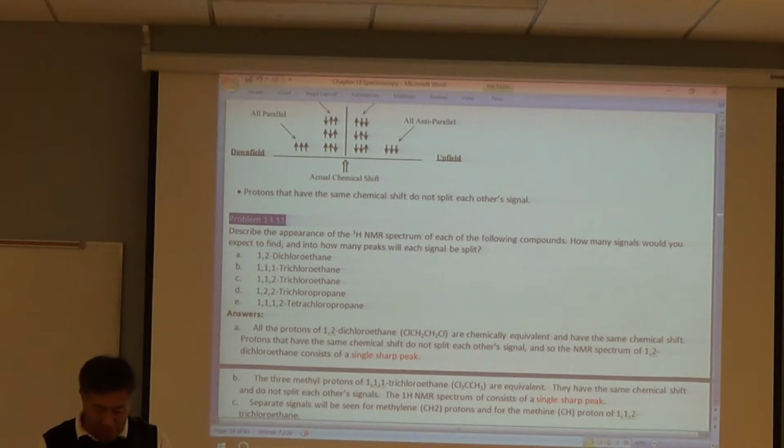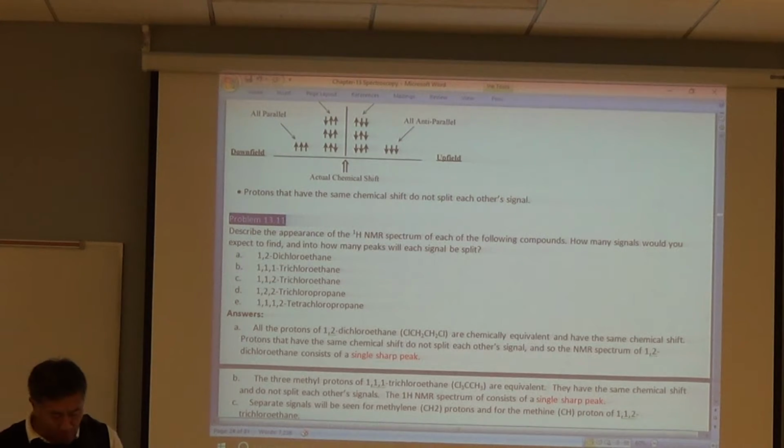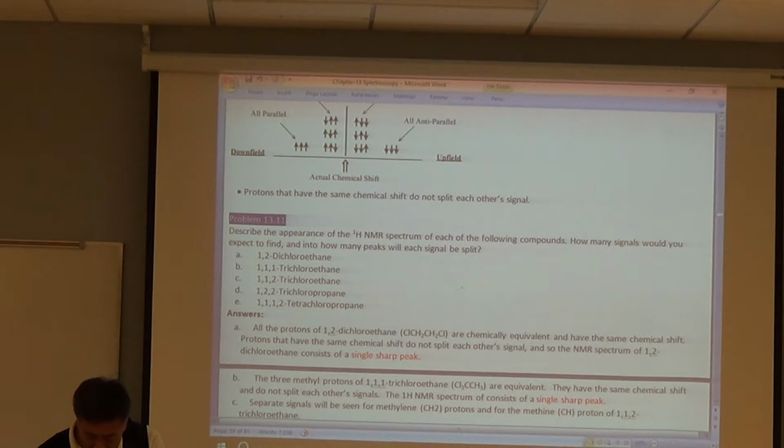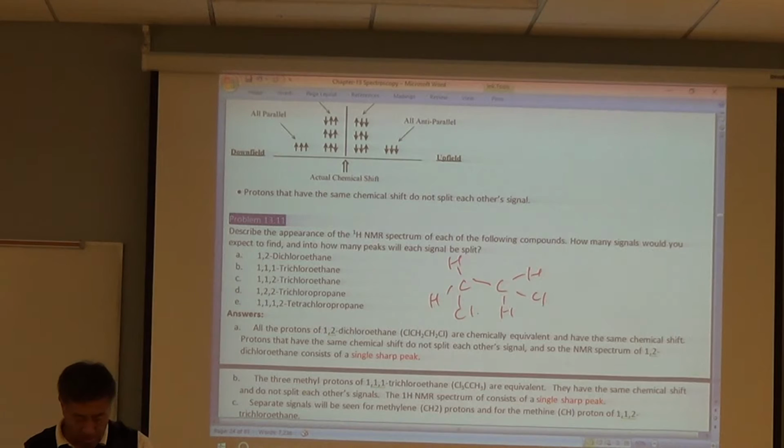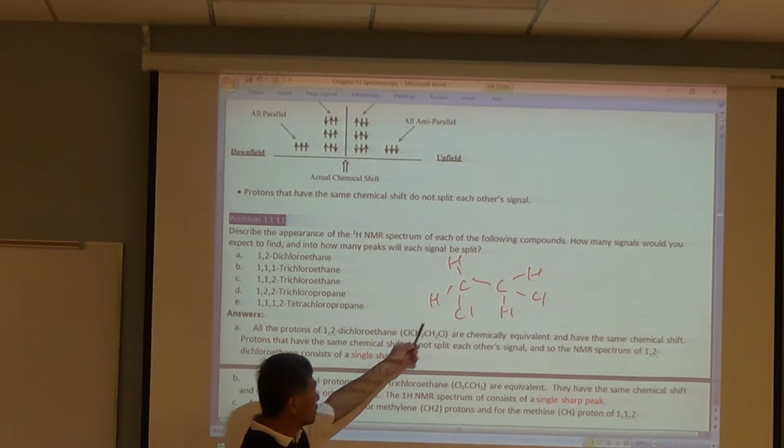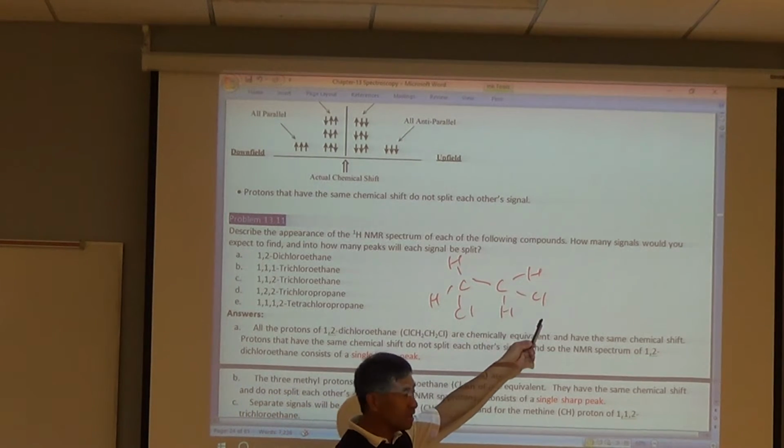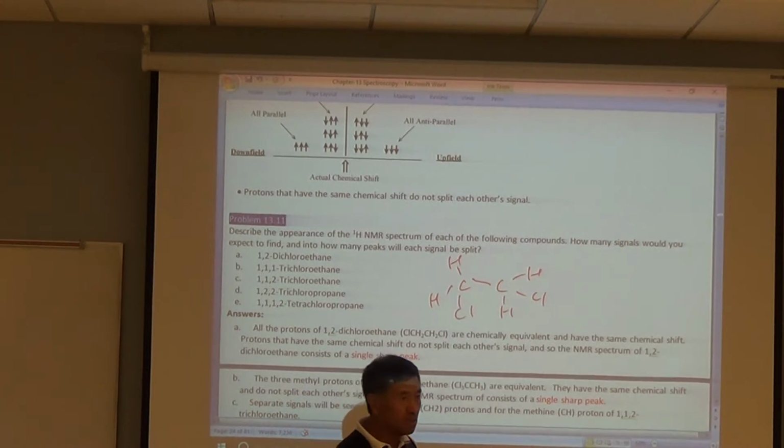Okay, so more practice. The first one is 1,2-dichloroethane. So you will have C and C, with H and Cl, and here is also H and Cl. For this molecule, you have 2H on this carbon, 2H on that carbon, and 2 Cl.